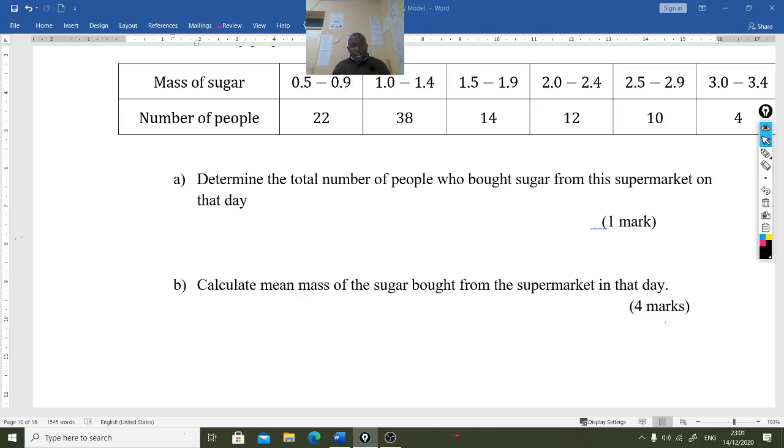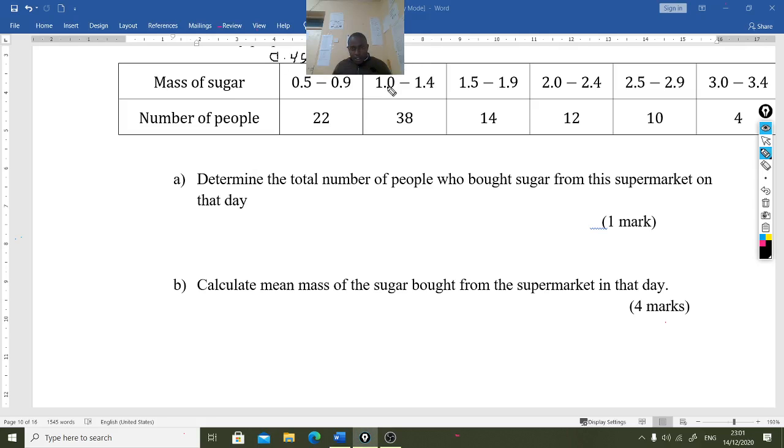So the lower limit here is 0.5 minus 0.05, which is 0.45. If you add 0.05 to 0.9, it becomes 0.95, that is the upper limit.